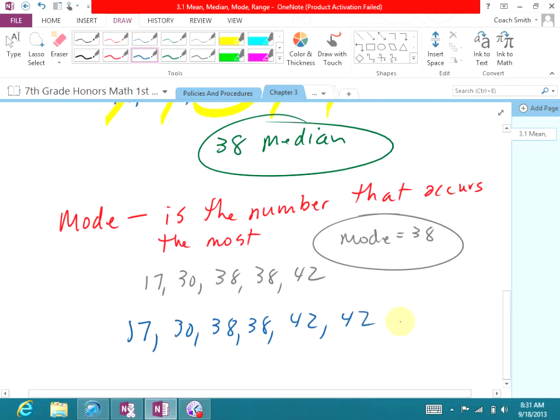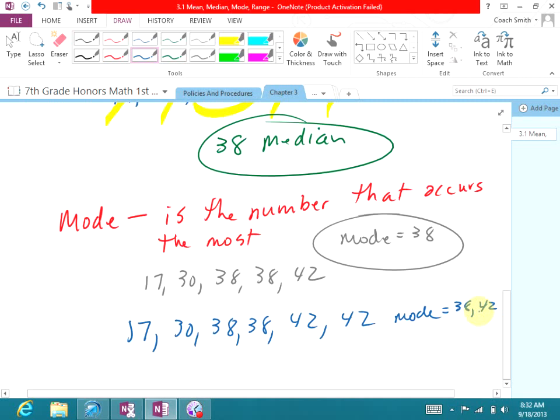Then the mode would be 38 and 42. What about if there's none that occur twice? If they all occur one time, then there's no mode. Okay, you don't list all of them.